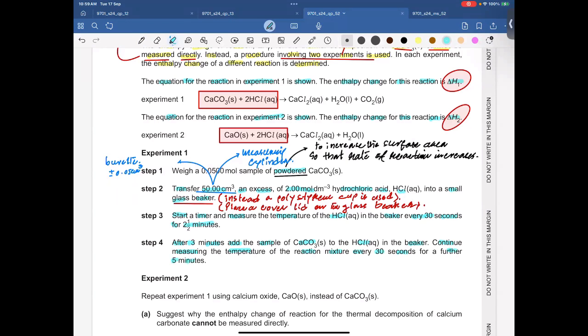Now, in step 3 and step 4, for both steps, you need to stir the mixture for uniform distribution of heat, so that all parts of the solution will get uniform heat.